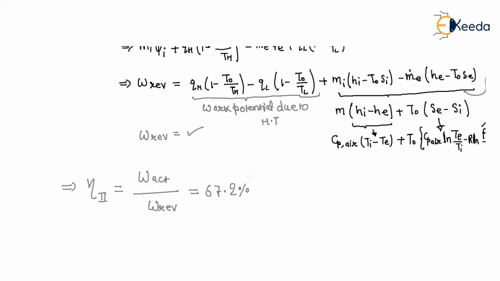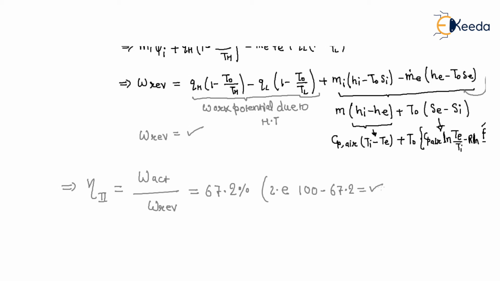So what is that? That means how much is left? That is 100 minus 67.2%.